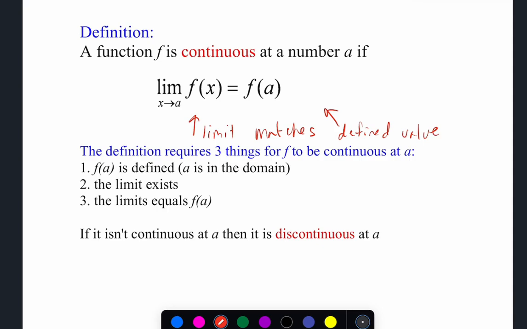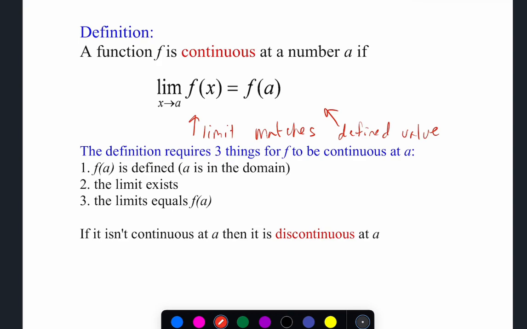So there are 3 things we're going to check. First, does f of a exist? Is a in the domain? And what is it?